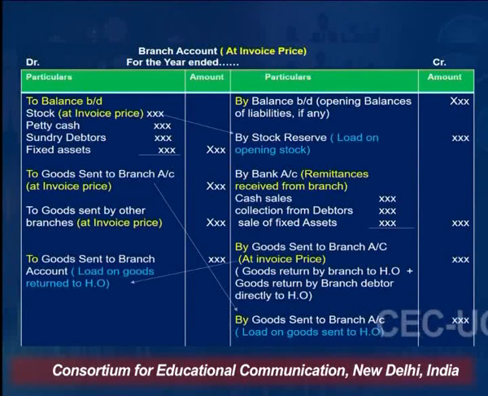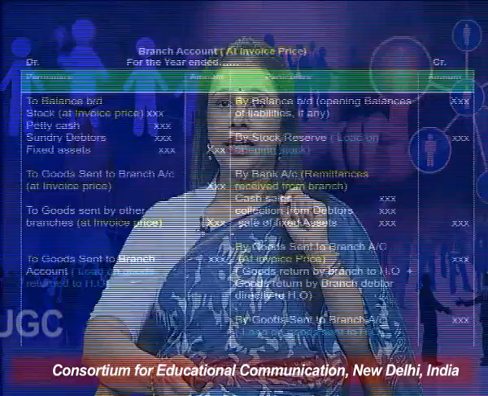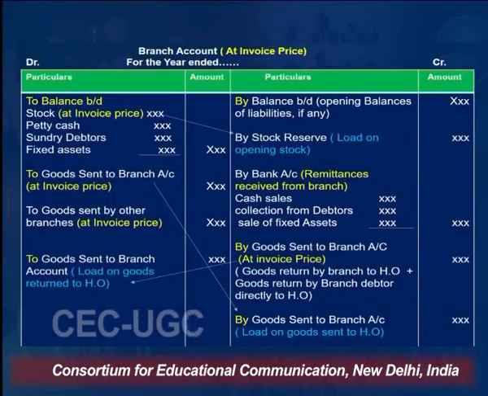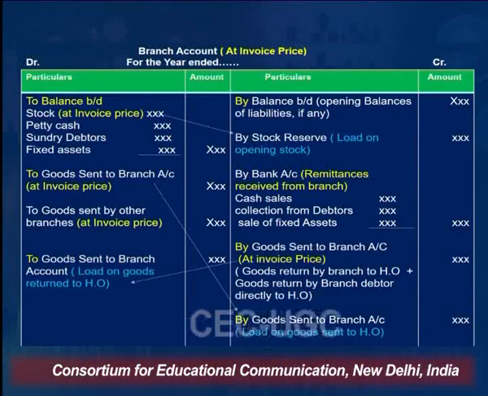What is loading? I just explained to you. This invoice price means cost price plus profit, and this profit margin is known as loading, and this loading has to be eliminated by showing it on the credit side of this branch account. As you can see on the credit side, the second item which is appearing here is stock reserve.